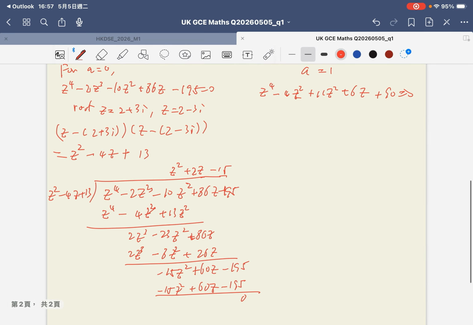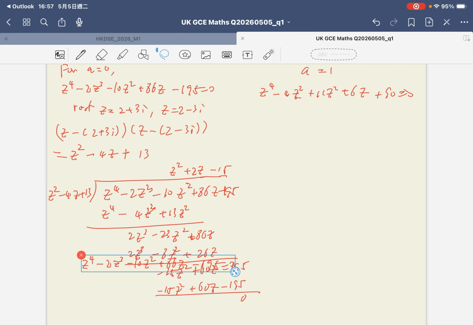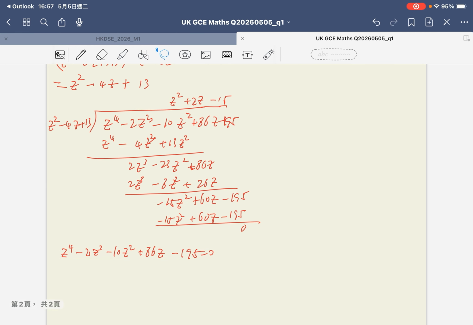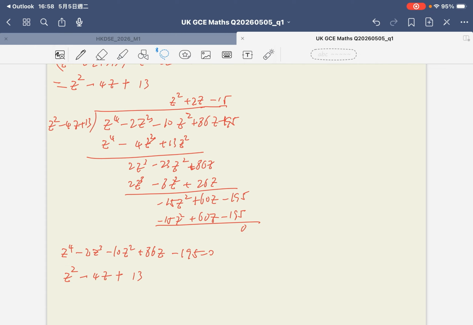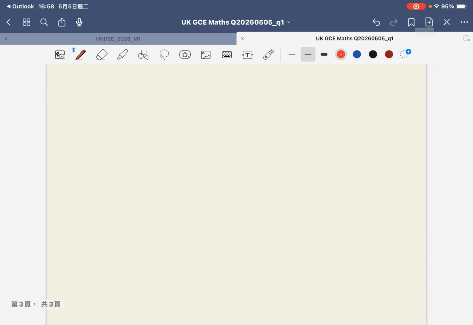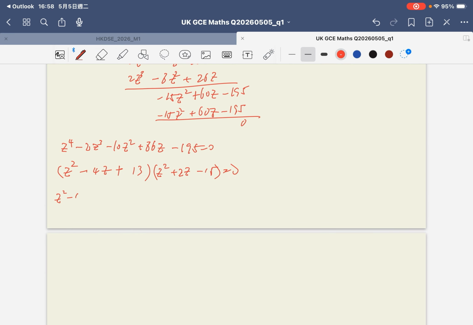Therefore, we can see that this equal to 0 means it can be factorized into two parts. One part is this one. The other part is this one. And either one is equal to 0, then z squared minus 4z plus 13, or z squared plus 2z minus 15 equals 0.